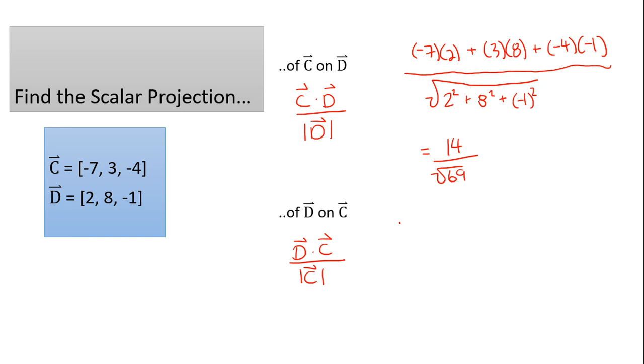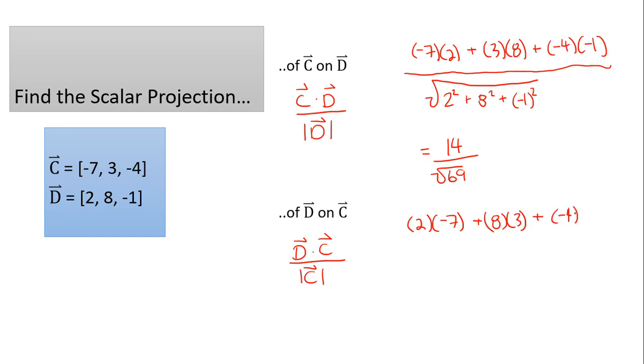Now we're going to do the other one. And I'm going to do it the same way. I'm going to do D first because I said the dot product of D on C. But we're going to notice something about dot products.